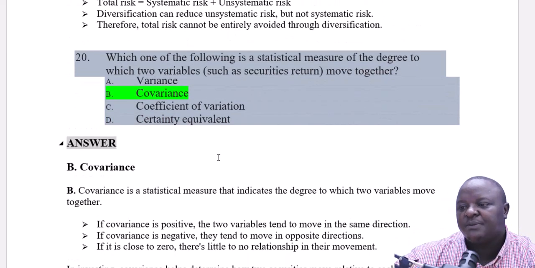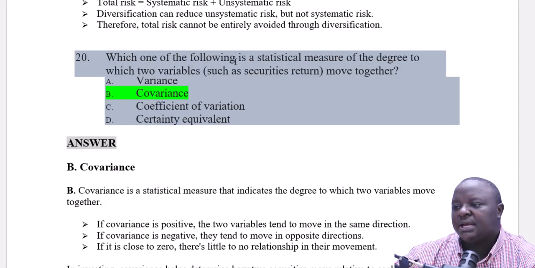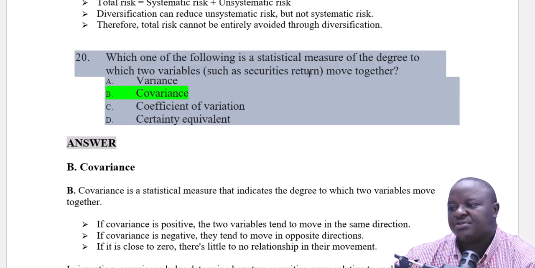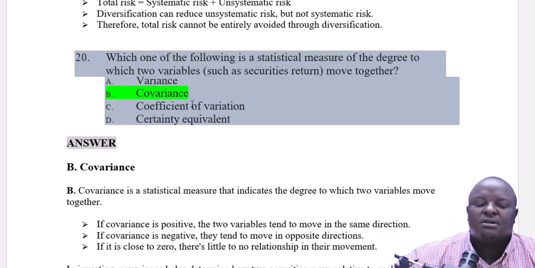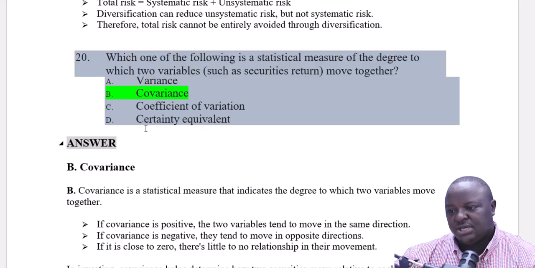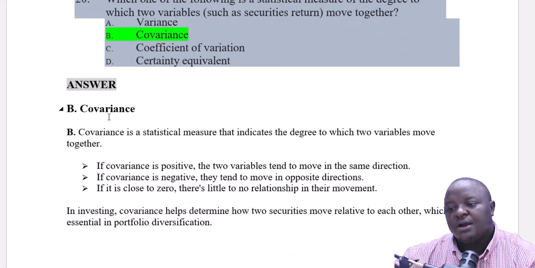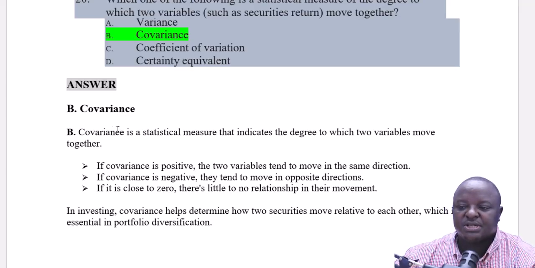And number 20. Which one of the following is a statistical measure of the degree to which two variables, such as securities' returns, move together? We have variance, covariance, coefficient of variation, and the certainty equivalent. Covariance is the best answer.